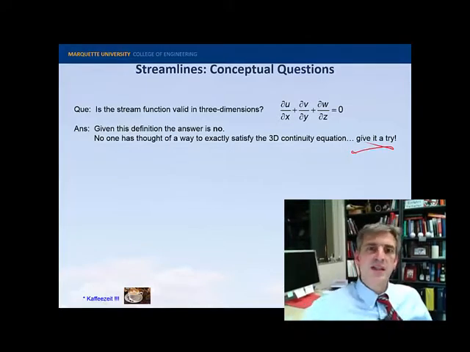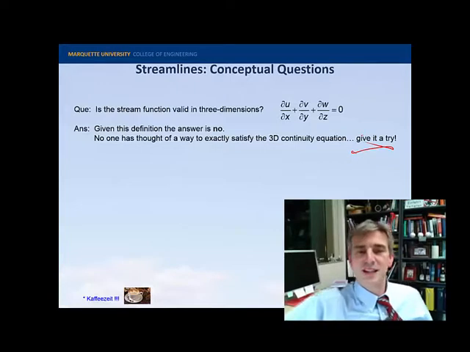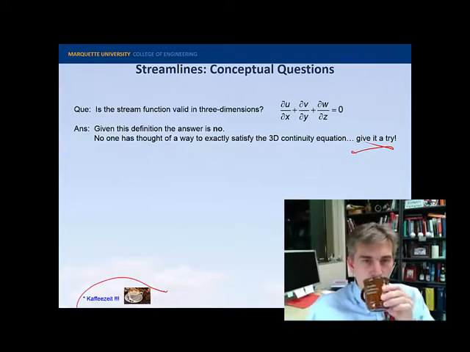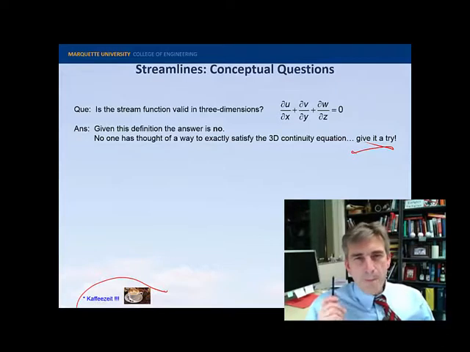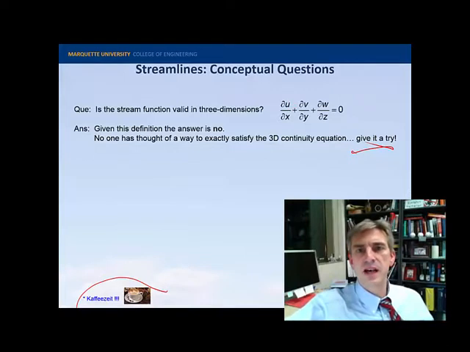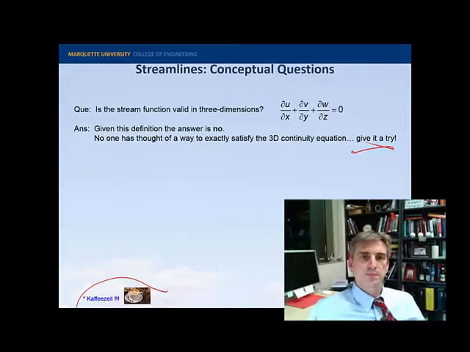It would be a great coffee time break. But I think you'll find it quite difficult. The trick is, can you write a single function such that the gradients of it with respect to x, y, and z sum to 0?